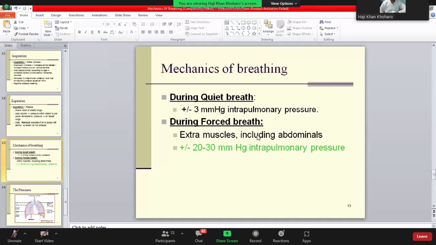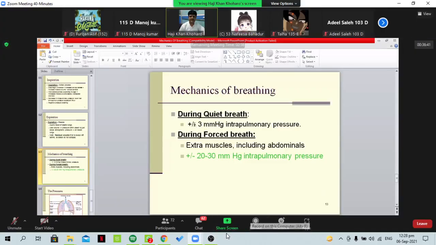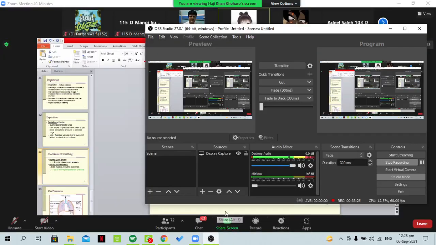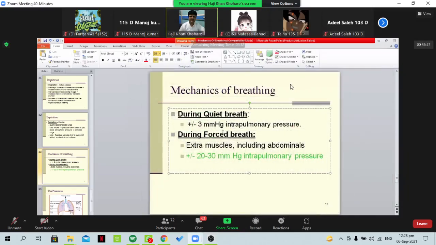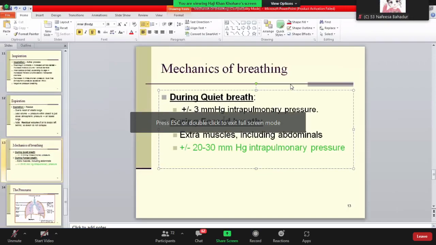Sir, what changes will occur in intrapleural pressure, what variations during inspiration and expiration? During inspiration, intrapulmonary pressure will become lower than atmospheric pressure. And intrapleural, not pulmonary, intrapleural pressure during inspiration may become up to 0 millimeter.